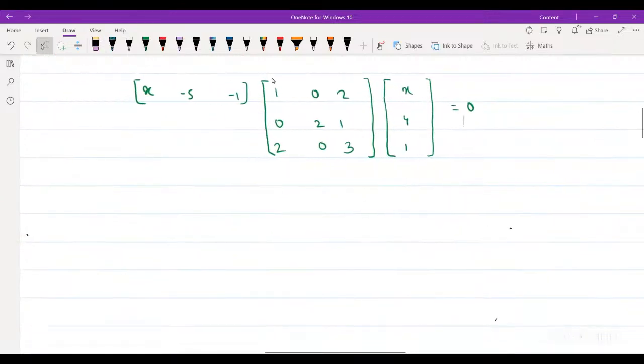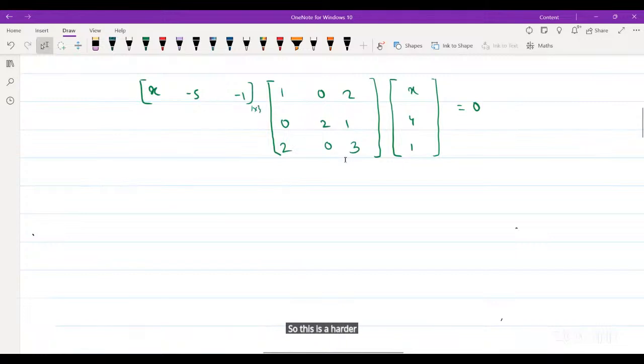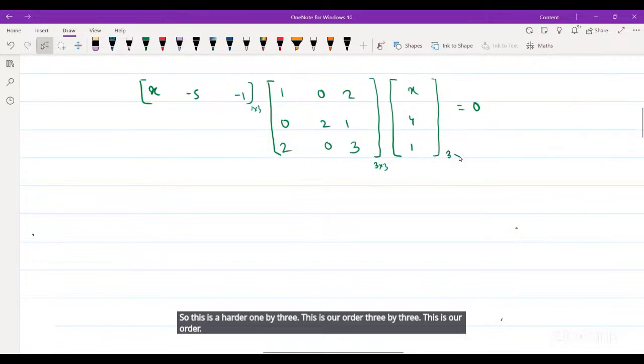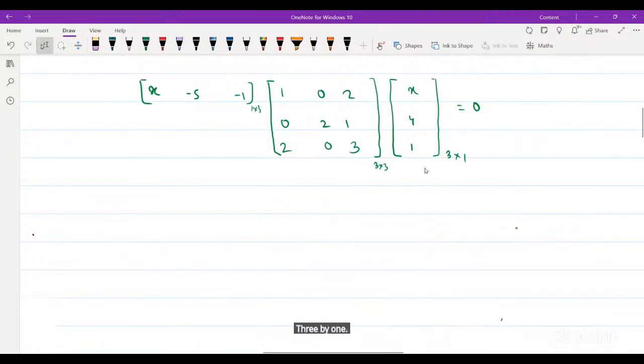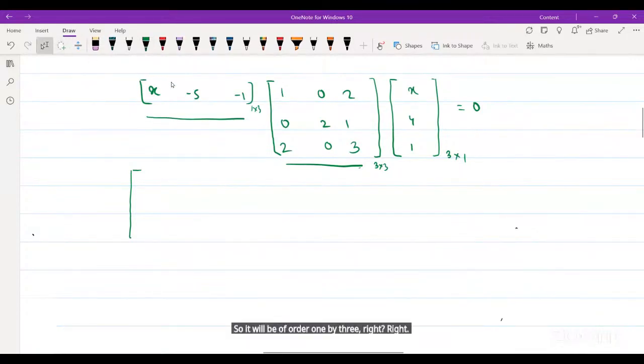See, this is of order 1 by 3, this is of order 3 by 3, and this is of order 3 by 1. You know how to multiply the matrices, right? The resultant matrix will be of order 1 by 3, right? Yes, sir. Okay.